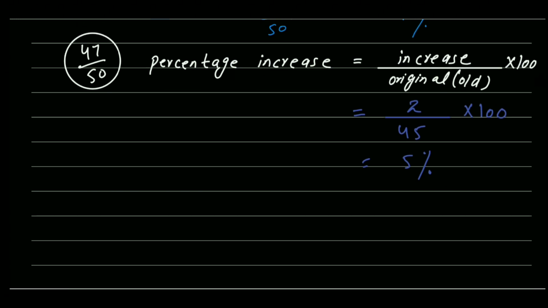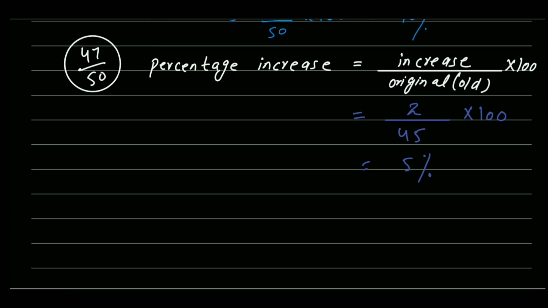Now suppose for some reason his marks decreased by 1. So 45 minus 1 is 44. His new marks are now 44 over 50. So how do we find the percentage decrease?